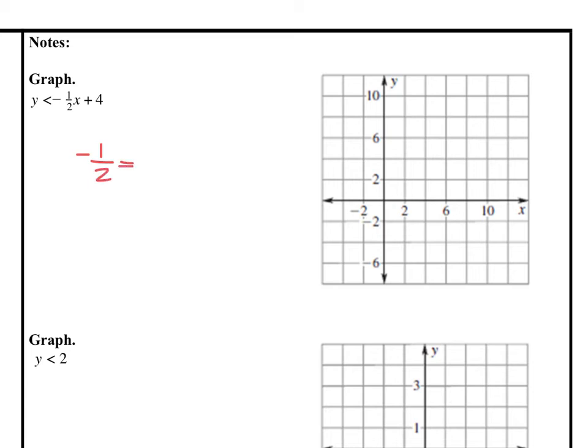That's negative, so it goes down 1, right 2, and it starts at the point 4. So we graph it at 4, and notice that each square is worth 2. Because that happens on both the x-axis and the y-axis, it's okay to go ahead and do the slope as it says. It starts at 4, and that's where 4 is because you have to look at the numbers. Goes down 1, right 2.